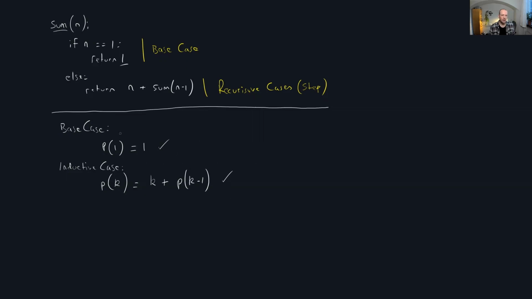And in the inductive case, when we want to go further, we have the statement that the arithmetic sum of k is going to be k and every smaller number before it. Okay. So then if we take a step forward, plus 1, that is going to be k plus 1 plus p of k plus 1 minus 1.